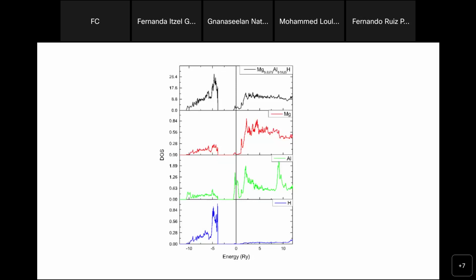And from the partial density of states, we can see that there is a hybridization between the s orbitals of hydrogen and the p orbitals of aluminum and the p orbitals of magnesium. So the strong hybridization that existed in the pure magnesium hydride is now shared between the aluminum, for example, the metallic element, and the magnesium. Next slide, please.